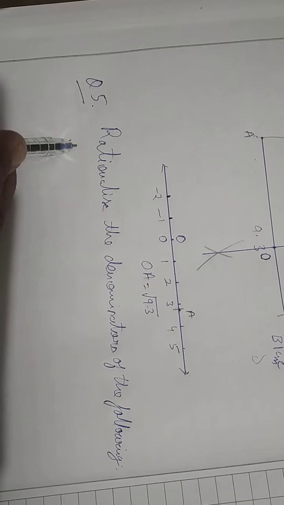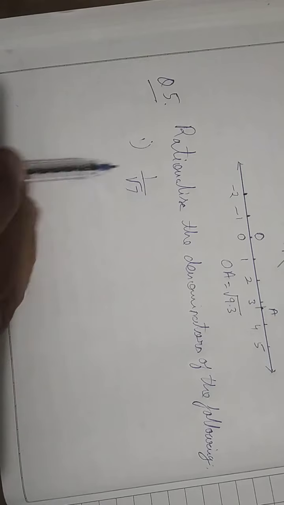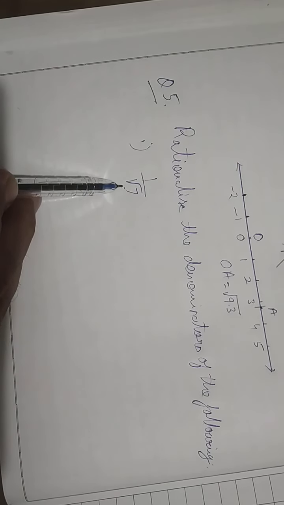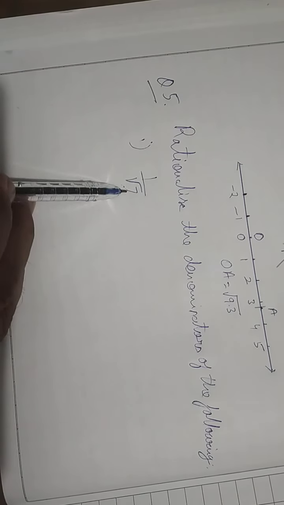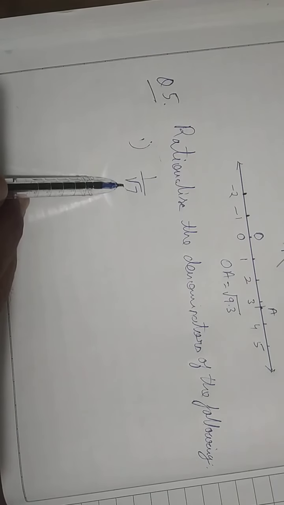The first is 1 upon root 7. In this number, this denominator is an irrational number, root 7. We have to rationalize the denominator. That is, we have to make this denominator a rational number.